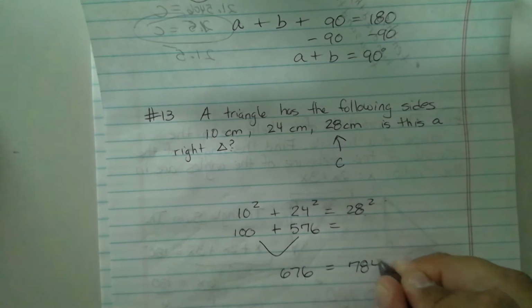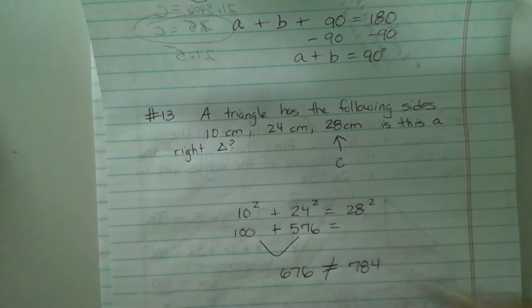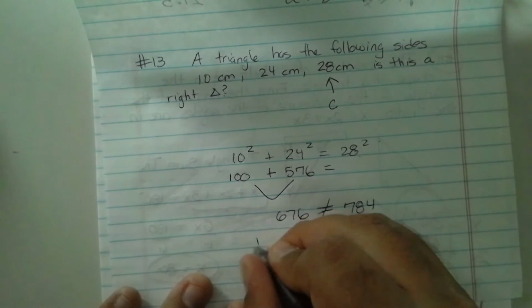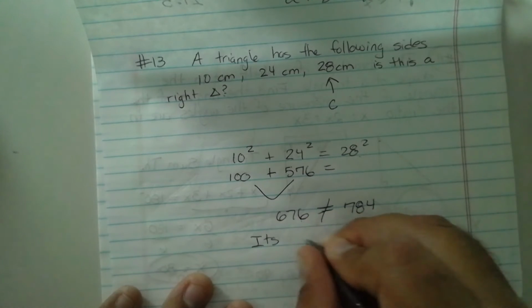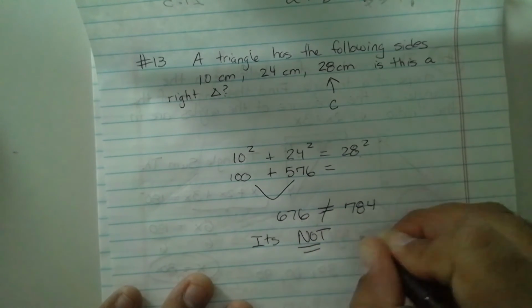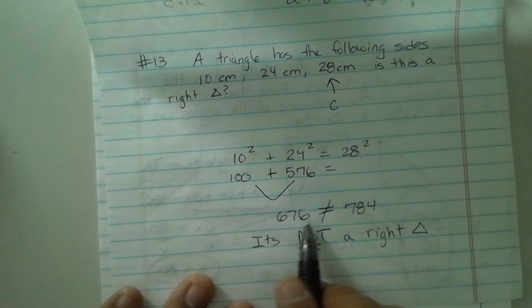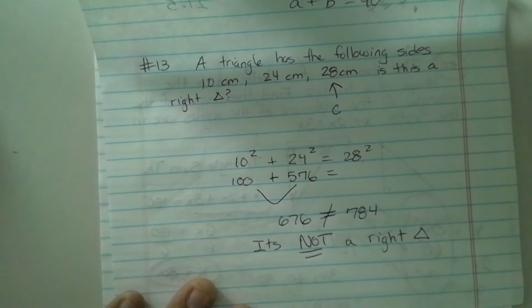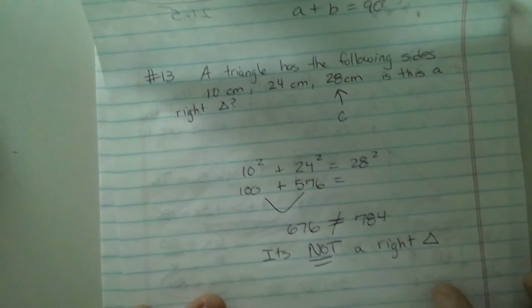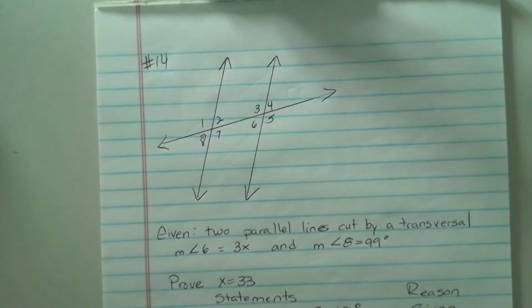Are they equal to each other? No, they're not equal to each other. So, therefore, it is not, keyword, a right triangle. If they're both equal to each other, then yes, it is a right triangle. Any questions? No? Last one, number 14.